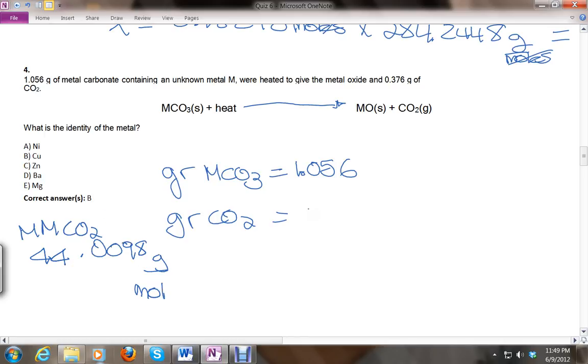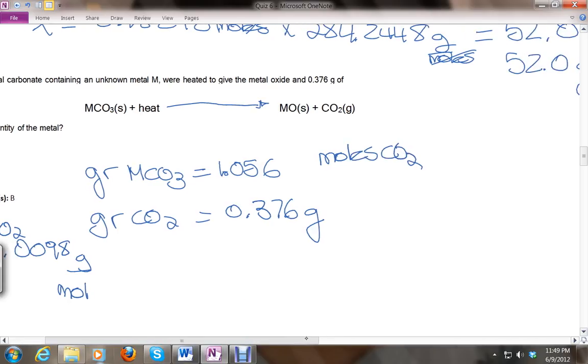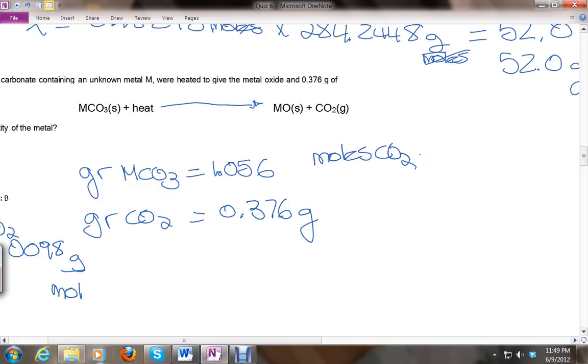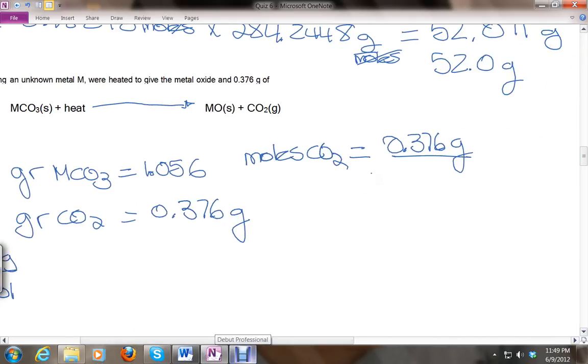So here you got 0.376 grams. So we can calculate the moles of CO2. And what are we going to do with that? I'll tell you what we're going to do with that. You'll see. It's going to be 0.376 grams divided by the molar mass of the CO2, which is 44.0098 grams per mole.